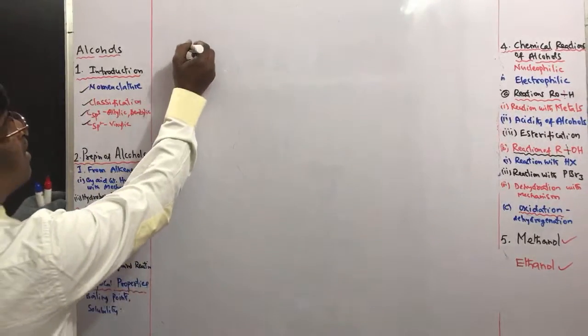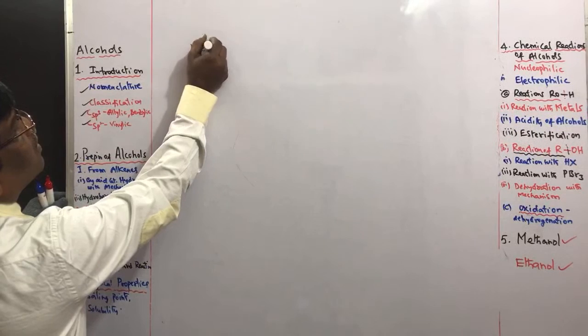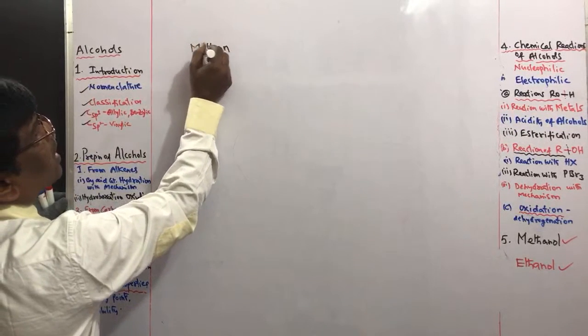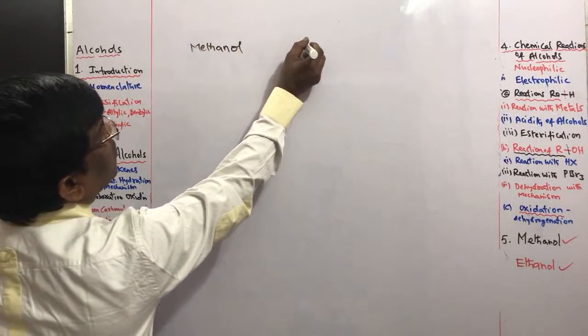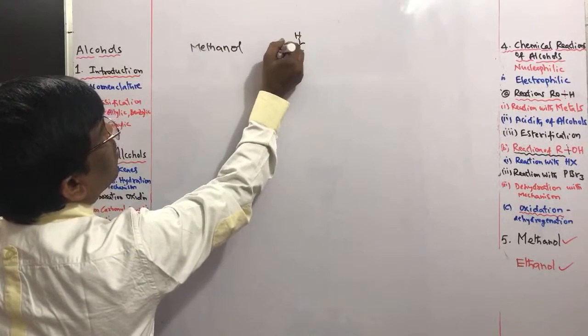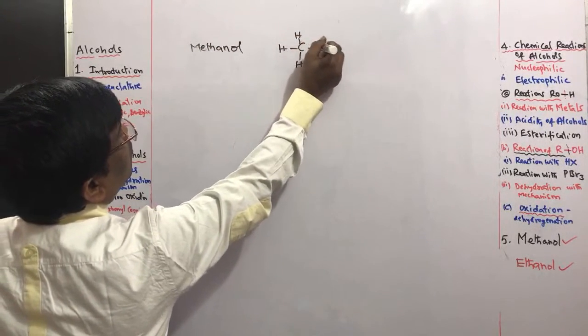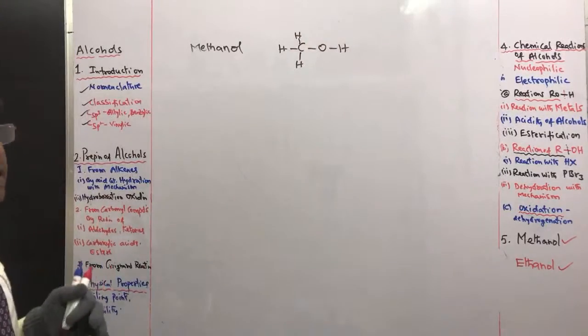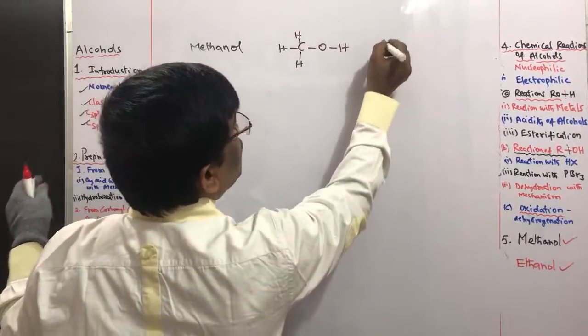Yes, students, methanol. What is methanol? Chemical formula CH3OH, and its common name is wood spirit.